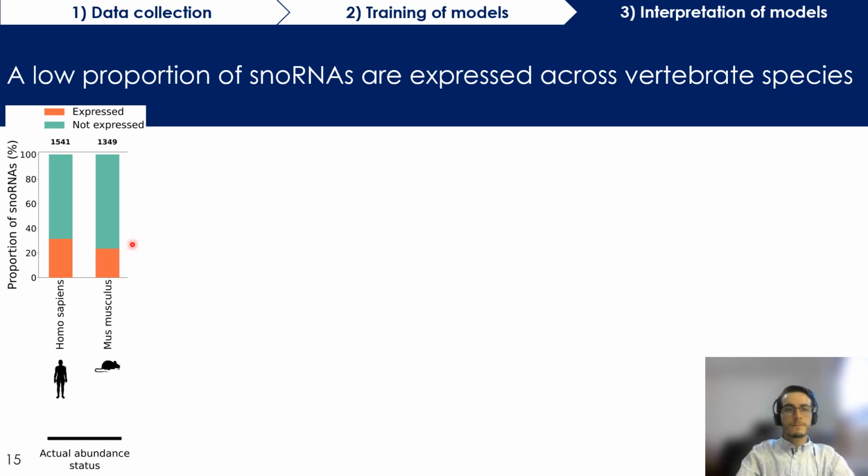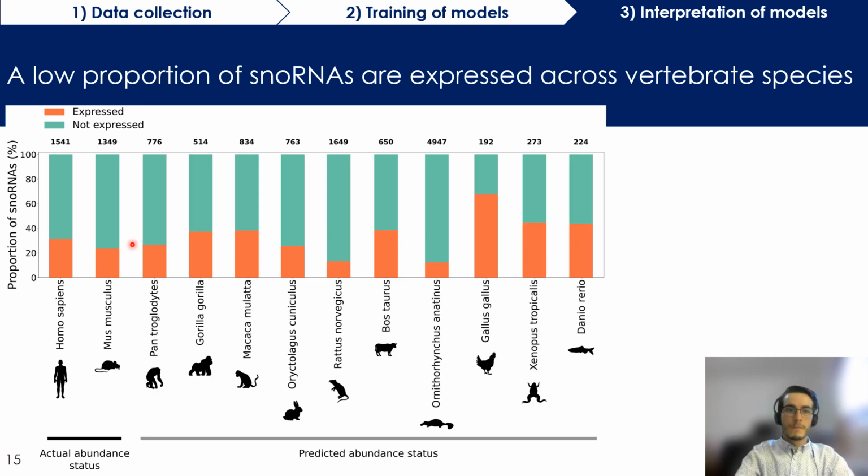Here I represent the predictions that we did on several other vertebrate species, ranging from the chimpanzee to the zebrafish. As you can see, there is not much variation in the percentage except for the chicken. Most of these vertebrate species are predicted to have a low proportion of snoRNAs that are expressed in their genome.